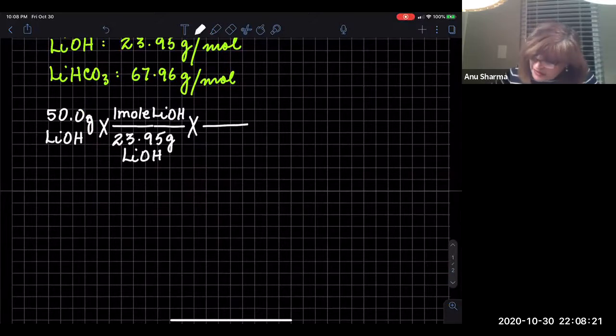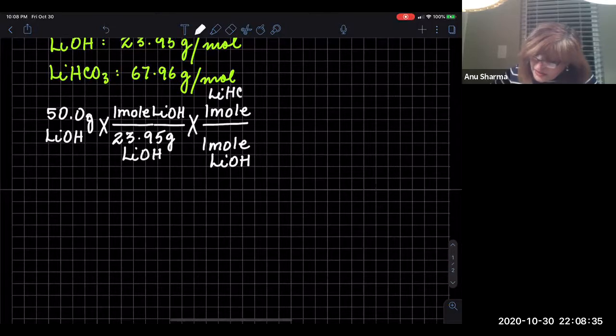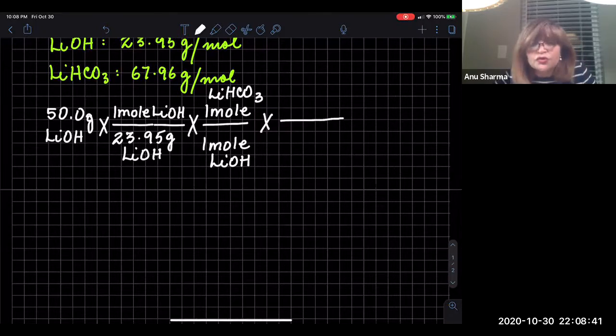Okay, so this is your lithium bicarbonate on top because you want to convert the moles of lithium hydroxide to lithium bicarbonate.